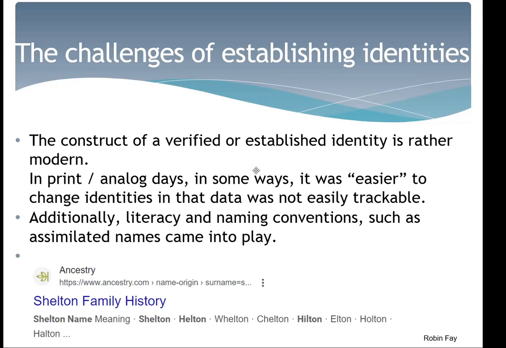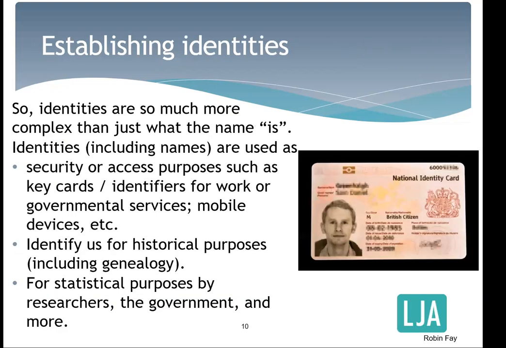And so for those of you working with archival material, digital humanities material, family histories, any of that kind of stuff, you will probably start encountering some questions about identities or what that name actually should be along the way.